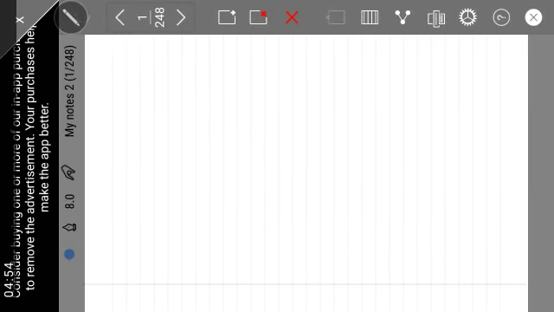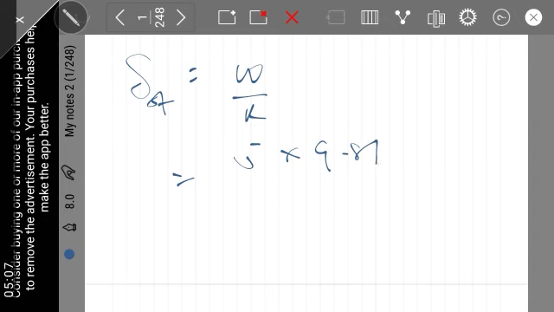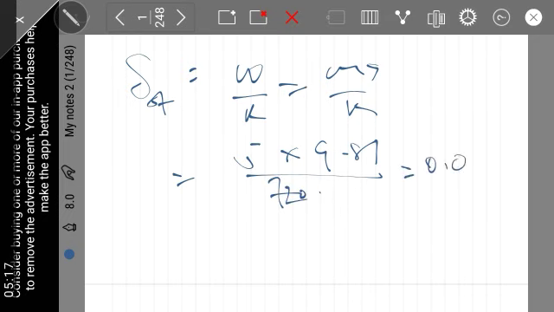Next is to note that the static extension is equal to W over k, that is mg over k. So 5 times 9.81 divided by 720. This gives us the static deflection of the spring.